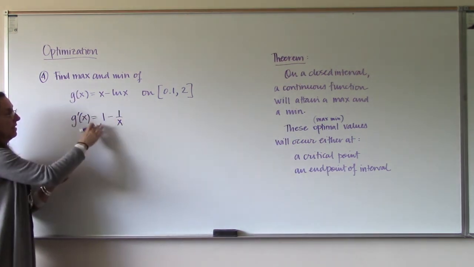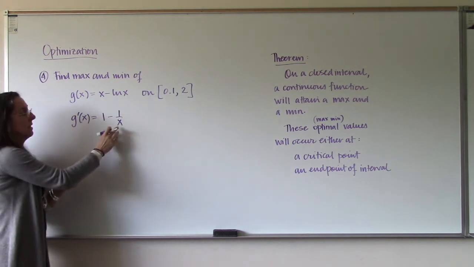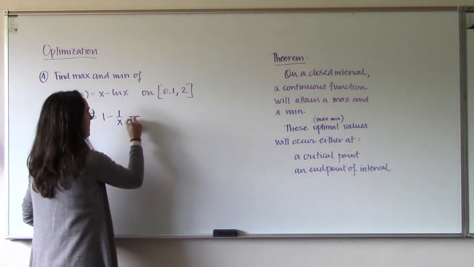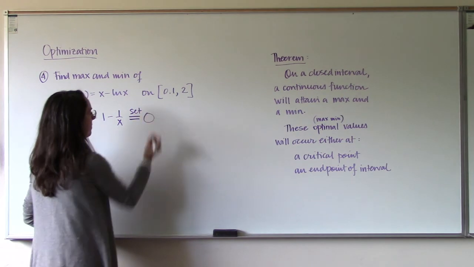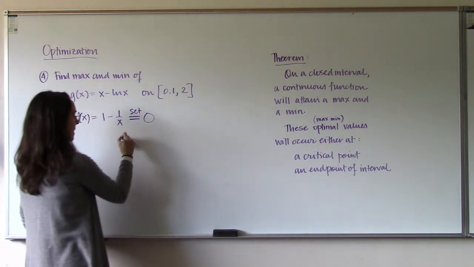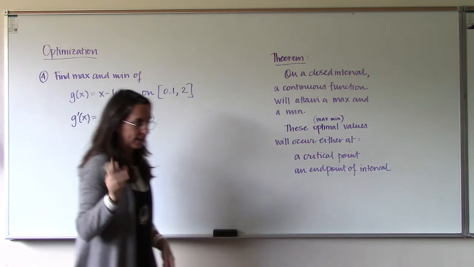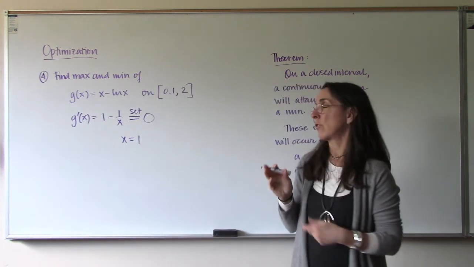The derivative of x is equal to 1. The derivative of log x is equal to 1 over x. I'm going to set this equal to 0. And this tells me that x has to be equal to 1. So x equals 1 is the only critical point.